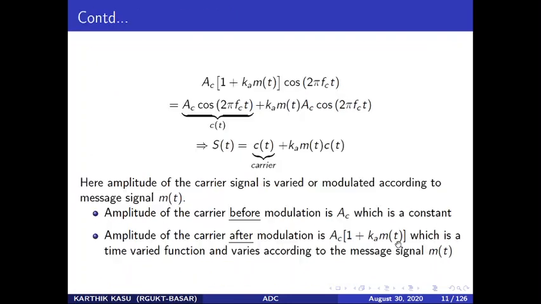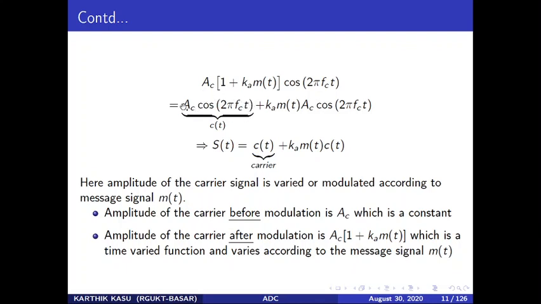Okay. Next, let us discuss this equation. Ac 1 plus Ka m of t cos 2 pi fct. I am writing it separately: Ac cos 2 pi fct plus Ac Ka m of t cos 2 pi fct. Now we already know that c of t equals Ac cos 2 pi fct.